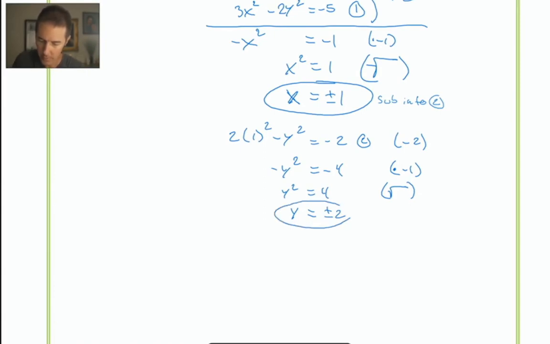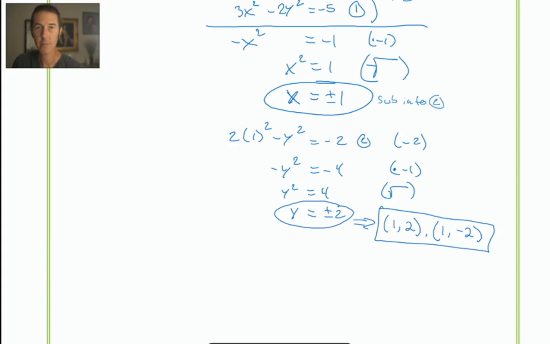Now this is interesting. What this tells us is that with an x value of 1, which is what we started with, we had a y value of 2, and with an x value of 1, we also got a corresponding y value of negative 2. So these are 2 of our solutions, and now we have to plug in our other x value of negative 1.